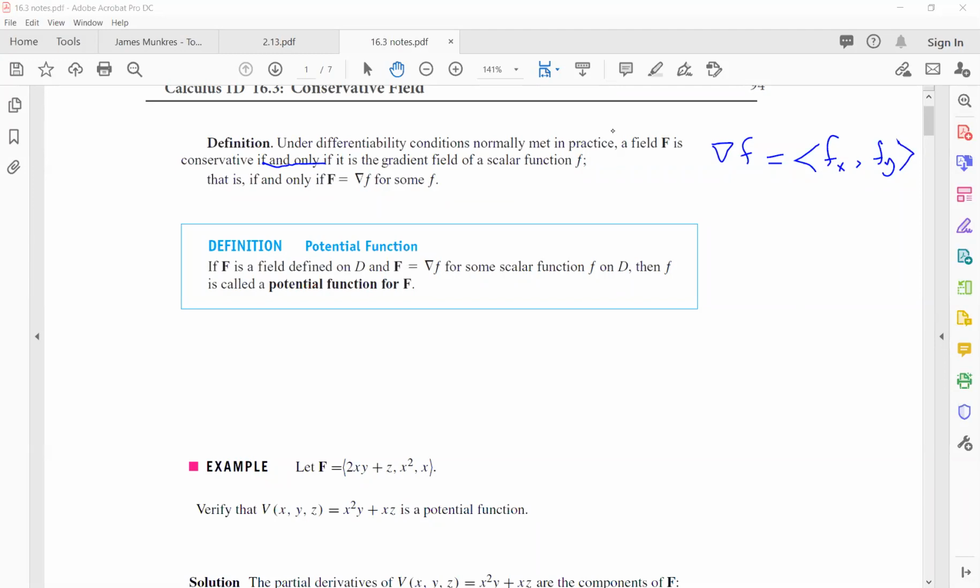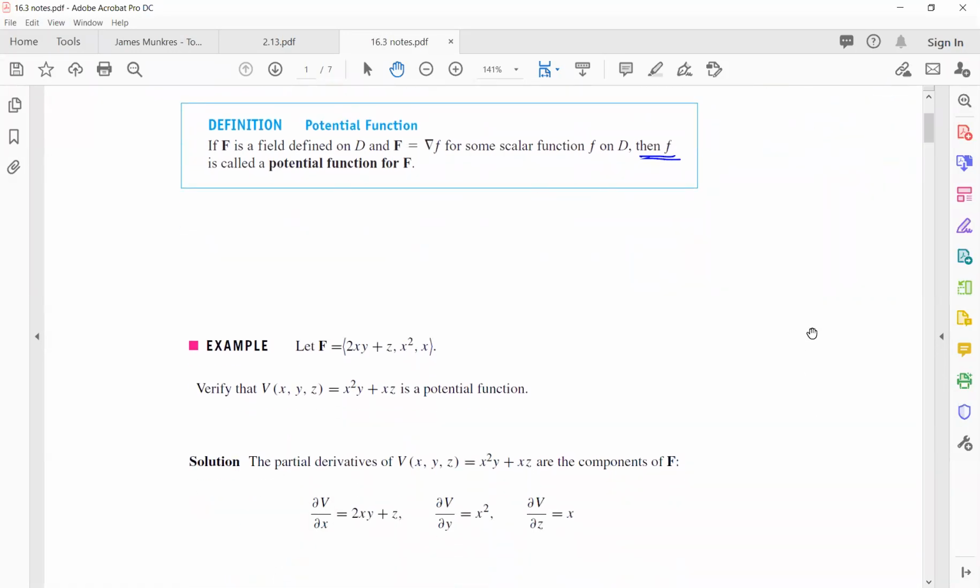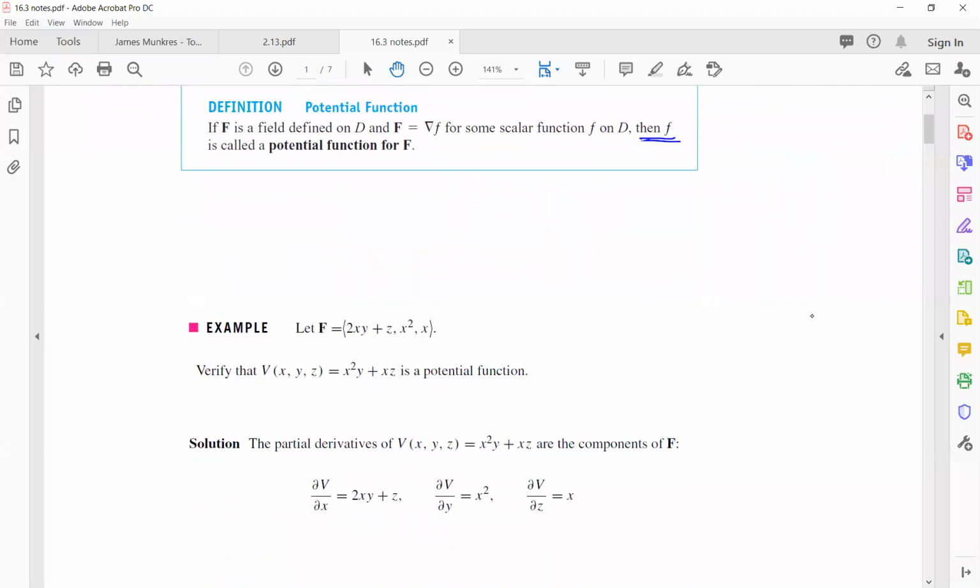Very well. We have a definition. We say that a scalar function is a potential function if the gradient of the scalar function is actually equal to the vector valued function. So we have to take partial derivatives of this scalar function.